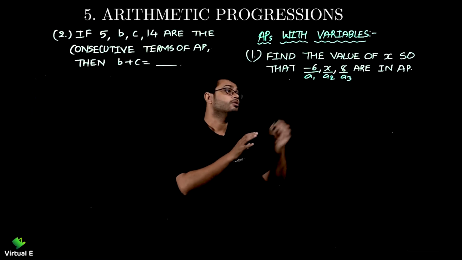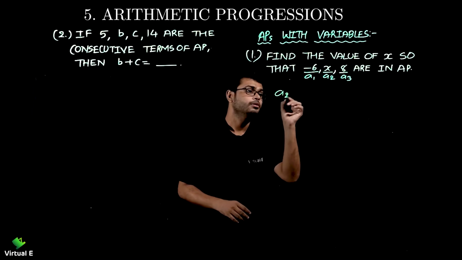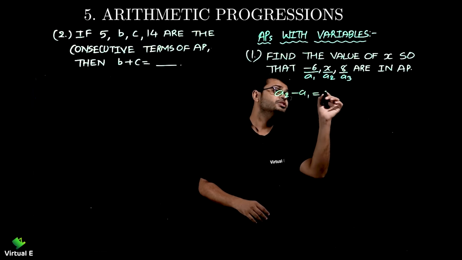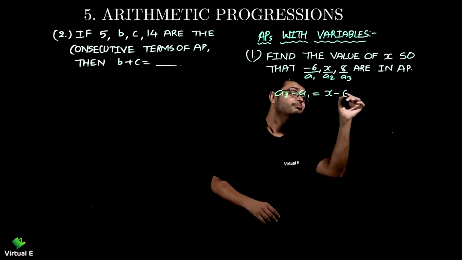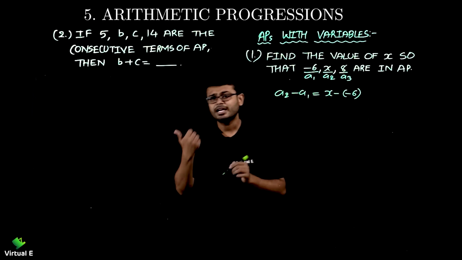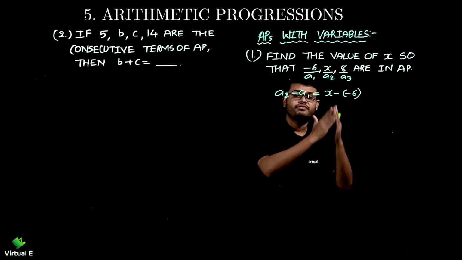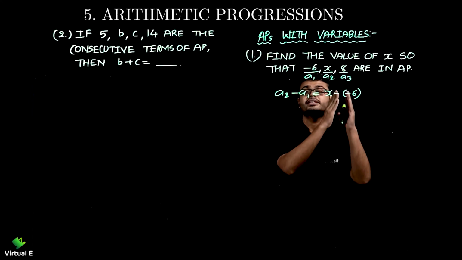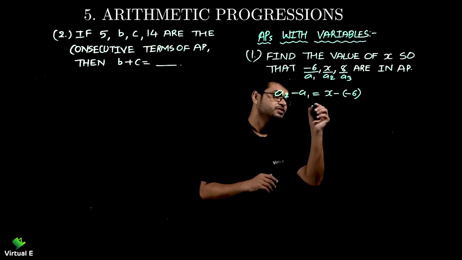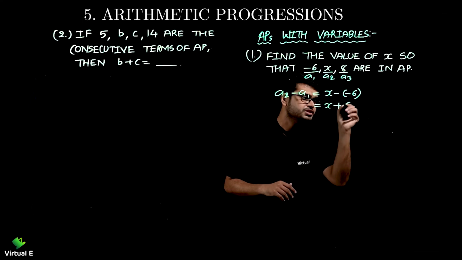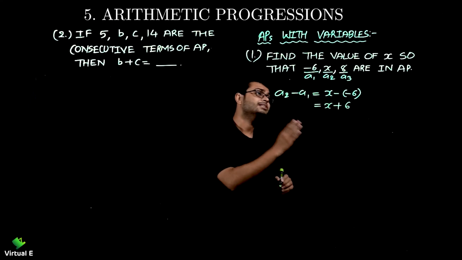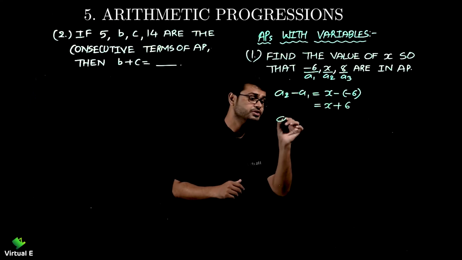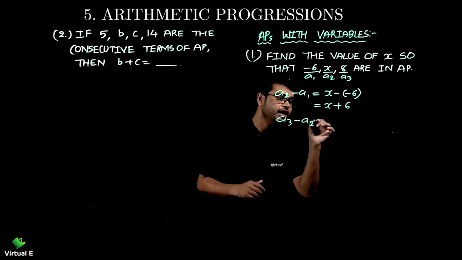Let's do it. First difference, A2 minus A1, which is X minus (-6). Why are there two minuses? One minus is for the formula and the other minus is in the term -6. So let's simplify: X plus 6. Then the second difference, A3 minus A2.